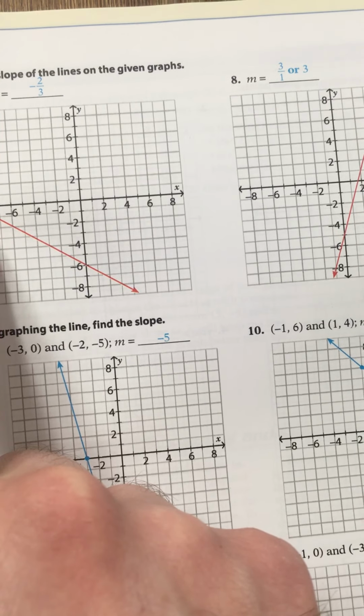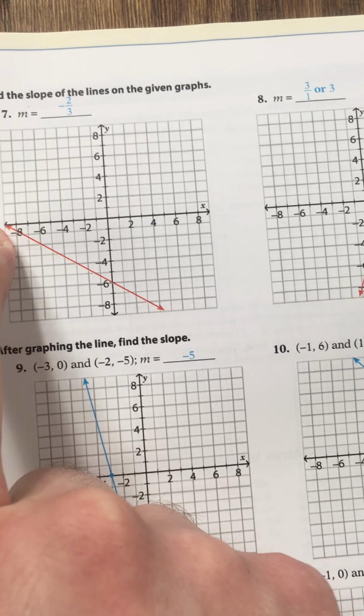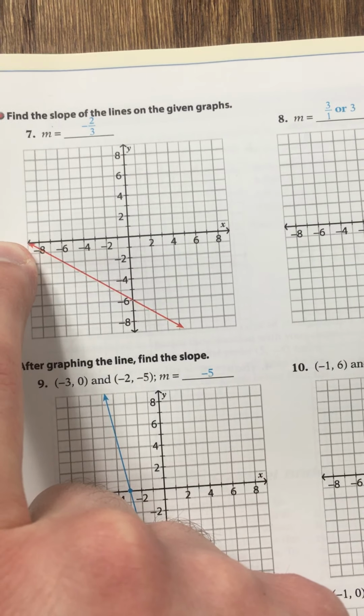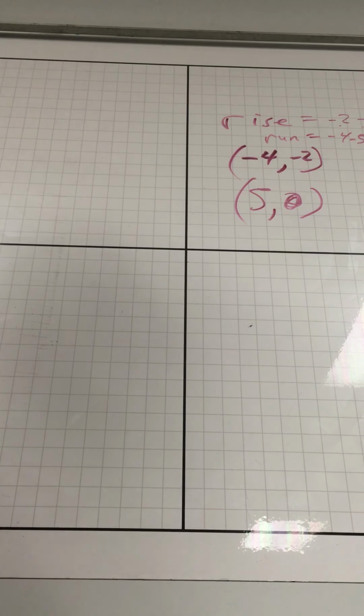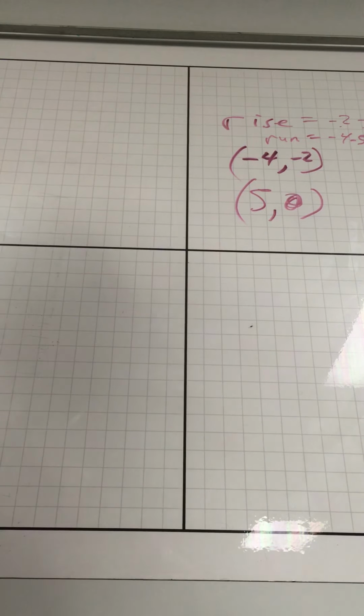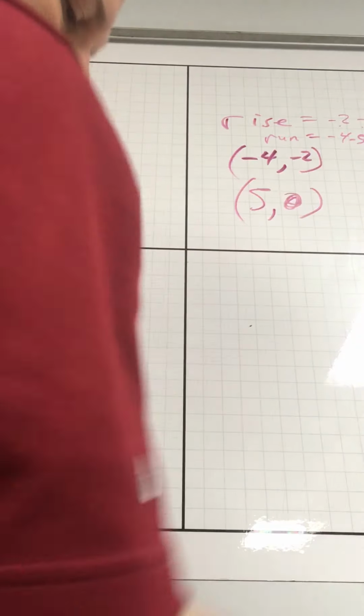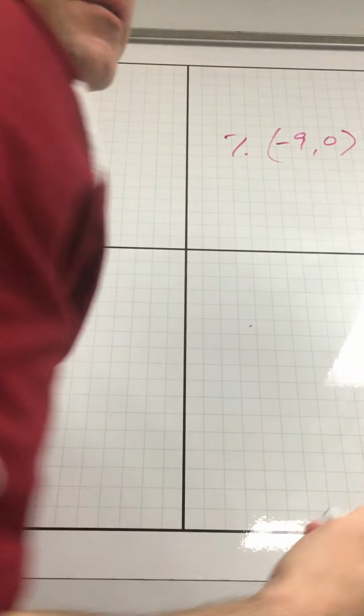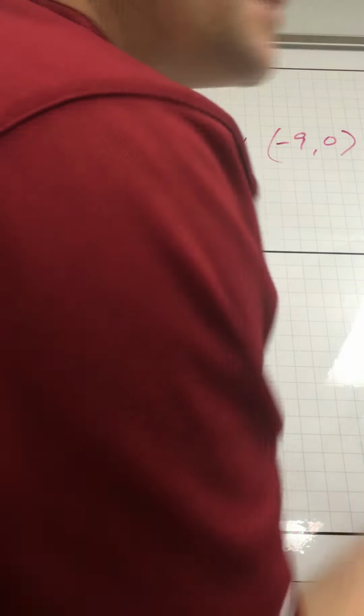So let's go do that again. That is negative 9, 0. Again, this is number 7. That was number 1, this is number 7. It's negative 9, comma 0, and the other point was 0, negative 6.